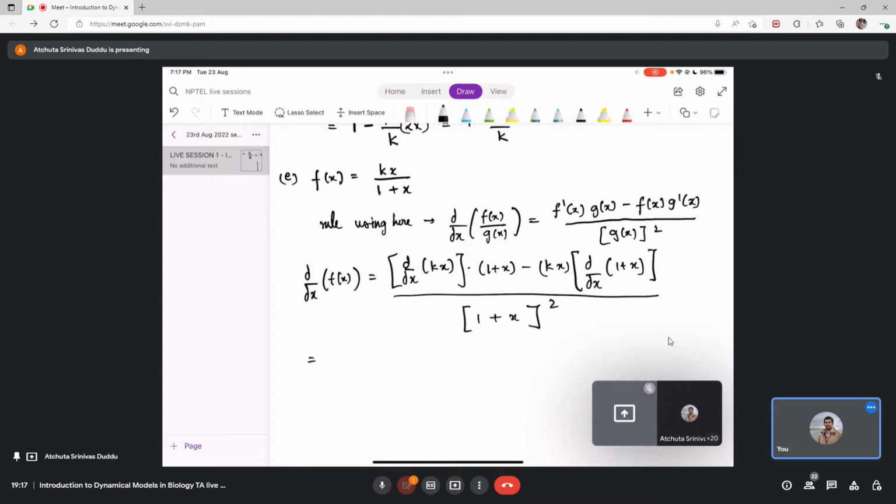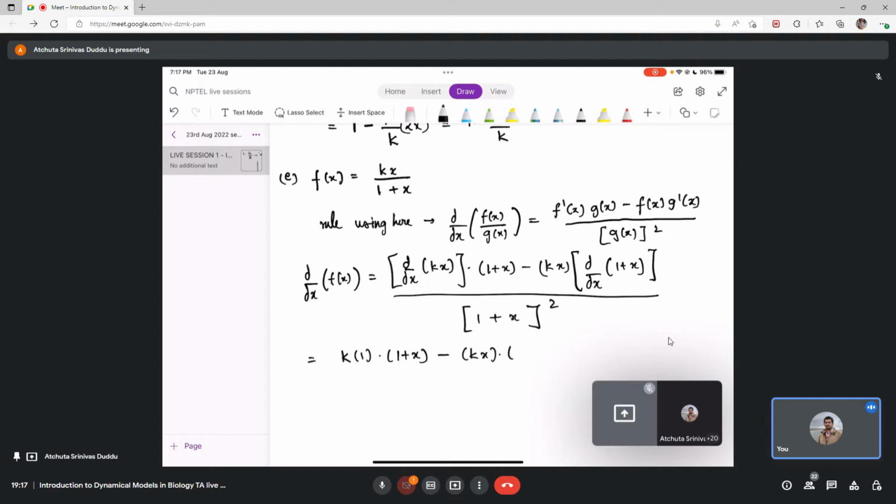Then d by dx of kx: again, k is a constant, so you can get it outside the differential. You have k times d by dx of x. As we have seen in bits b and d, it's just 1, so k times 1 into 1 plus x, which is g of x, minus k times x times the differential of 1 plus x.